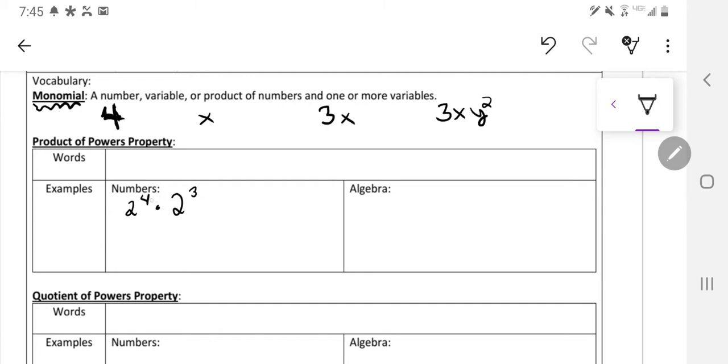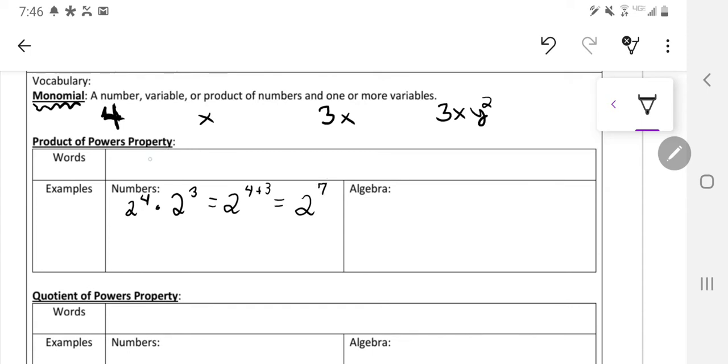Now, in your head, you might be thinking, well, 2 to the 4th is 4 2's. And 2 to the 3rd means the 2 is used as a factor 3 times. So 4 2's and 3 2's, so that would be 7 2's. If you thought that, that's awesome. You're on the right track. What the property says is that you keep the base and you simply add those exponents and you get a simplified version of that product to be 2 to the 7th.